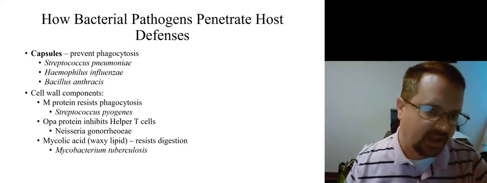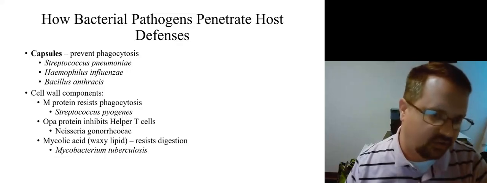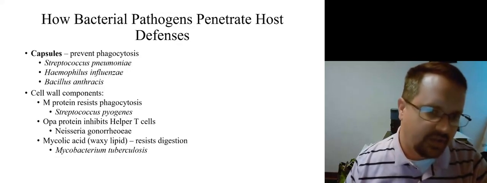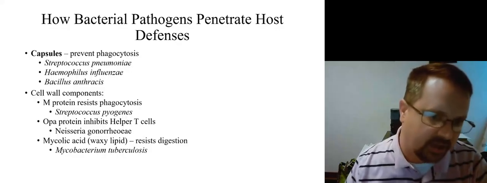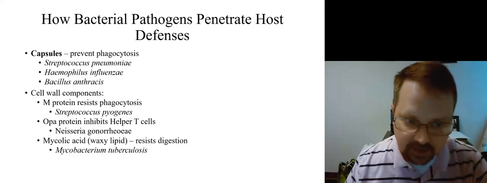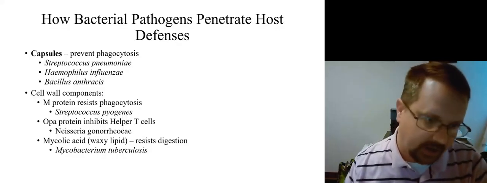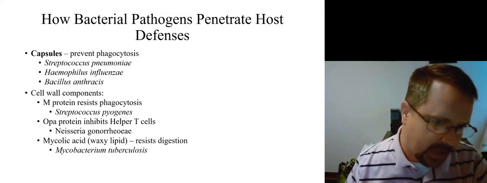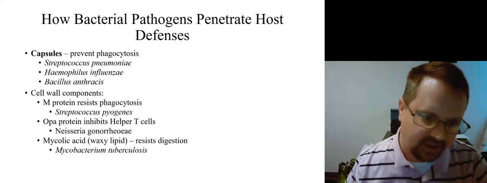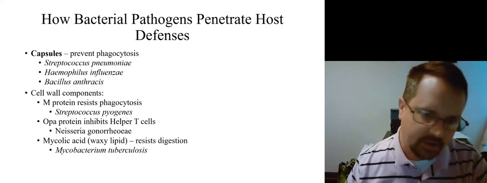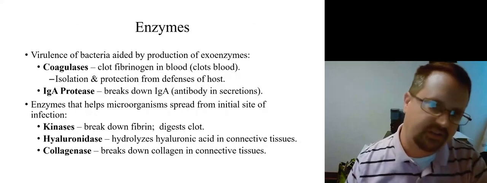Cell wall components like M protein found on Strep pyogenes can resist phagocytosis. There are Opa proteins that inhibit helper T cells, found on Neisseria gonorrhoeae, which causes gonorrhea. Mycolic acids, waxy lipids, resist digestion on Mycobacterium tuberculosis, which causes tuberculosis.